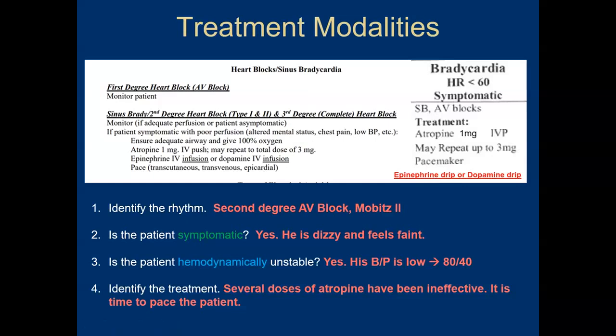And whenever it is deemed that you're basically wasting time and effort giving this atropine, we can see that the next plan is indicated: this patient needs an epinephrine IV infusion or dopamine infusion, and most likely pacing is what's going to be indicated for this patient.